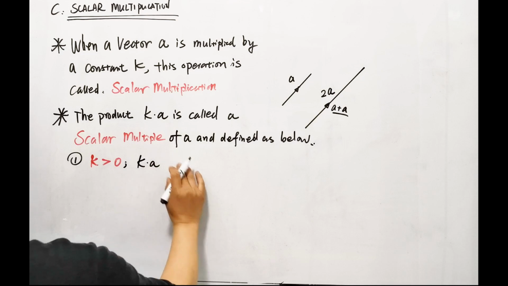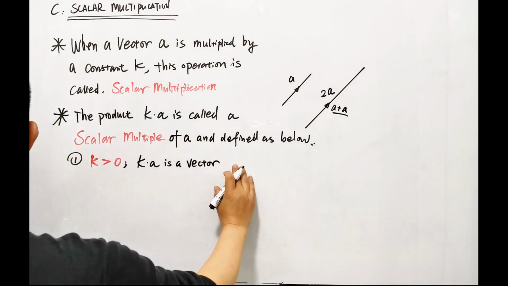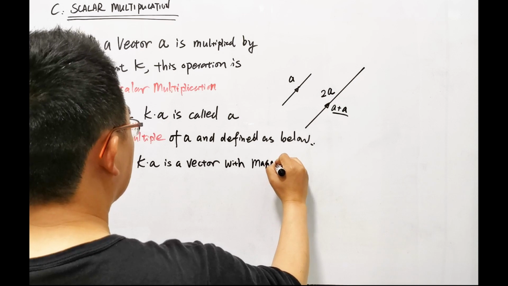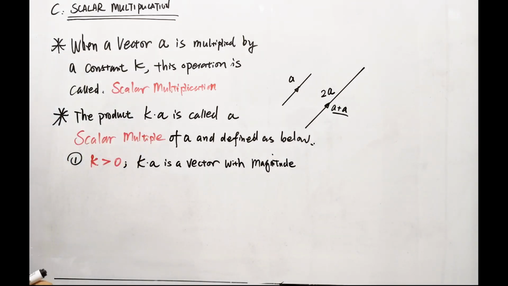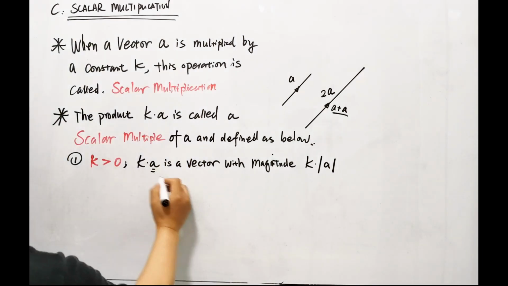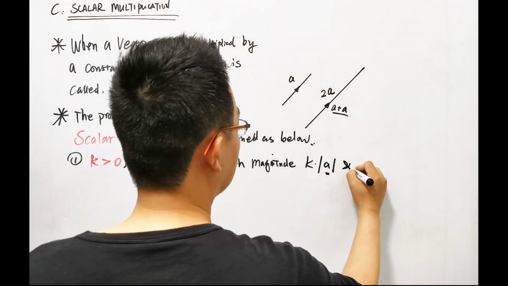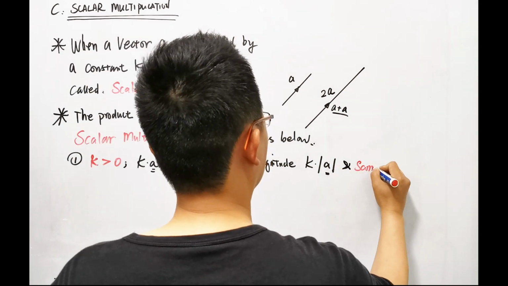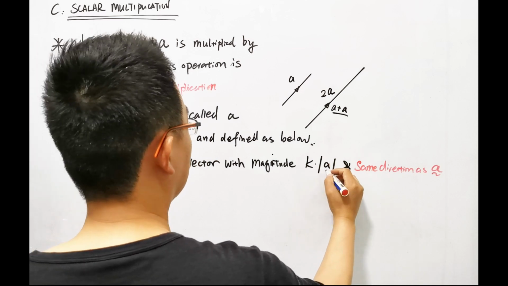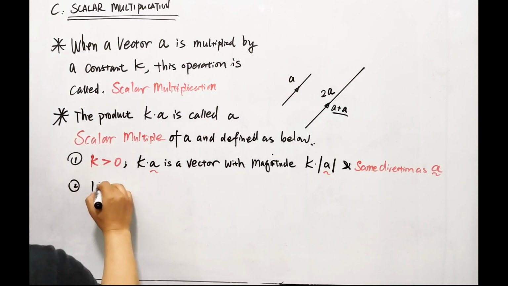K times A is a vector with magnitude K times the magnitude of A, and they have the same direction as A. We're going to draw this like this, A.